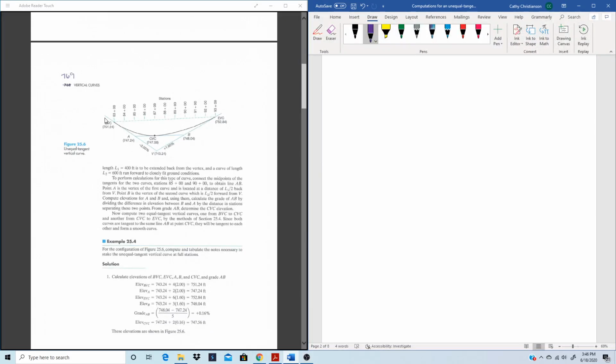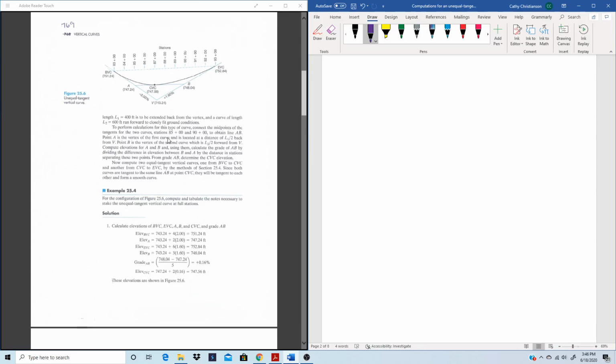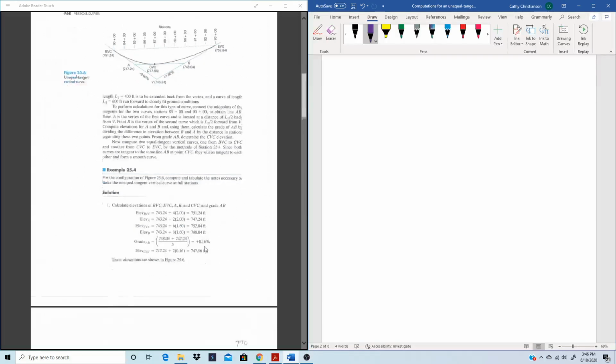So that's my first vertical curve. And remember the first vertical curve, the G1 is going to be the -2, and the G2 will be the positive plus 0.16. And then when we're doing the vertical curve for the second curve, this now is our G1, the 0.16. And our G2 will be the plus 1.6.